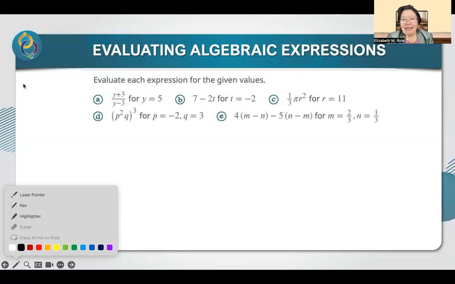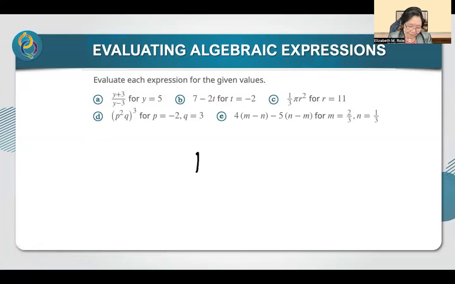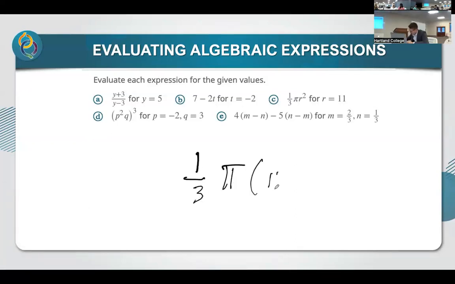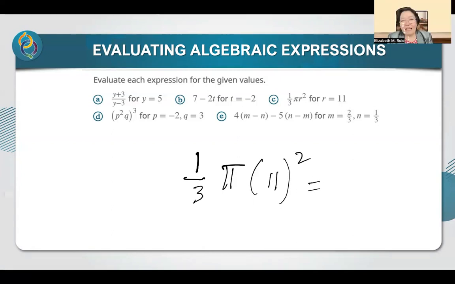So what is 11 times 11? 121. Yes. Okay, so what will be your final answer? So the final answer will be, just combine that 121 times pi over 3.